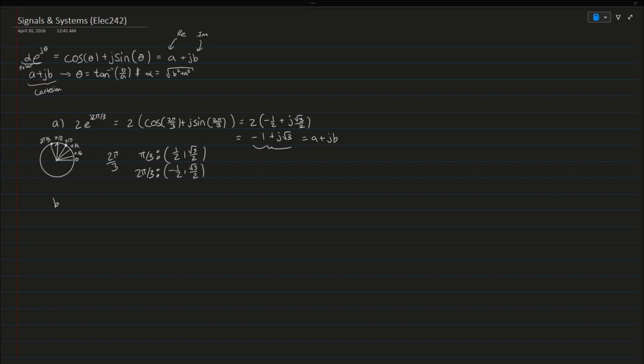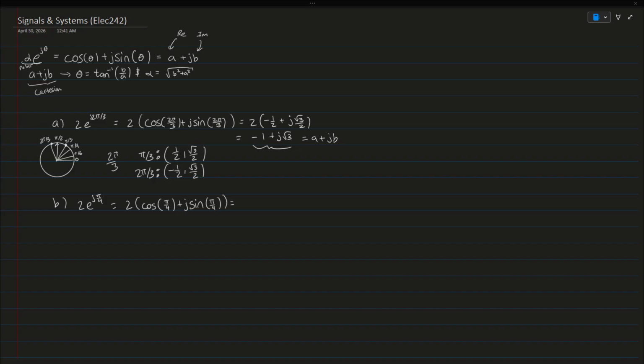Say 2e to the j pi over 4. Same thing: 2 cos pi over 4 plus j sine pi over 4.